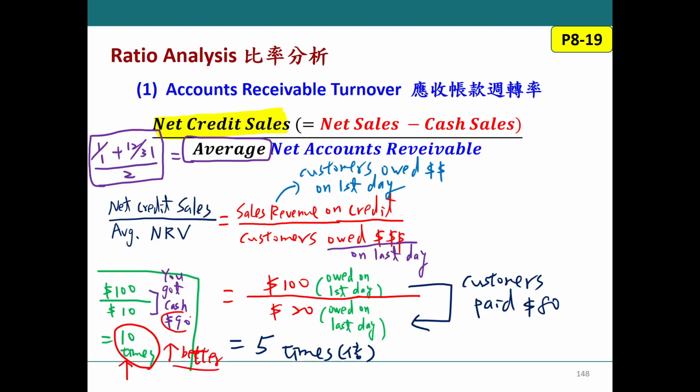Higher is better. Why? Because you got more cash back. Any questions?